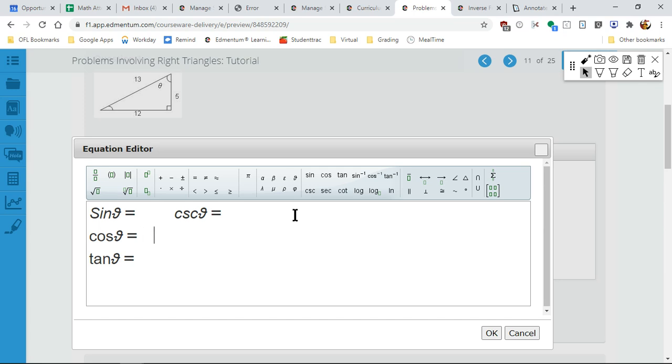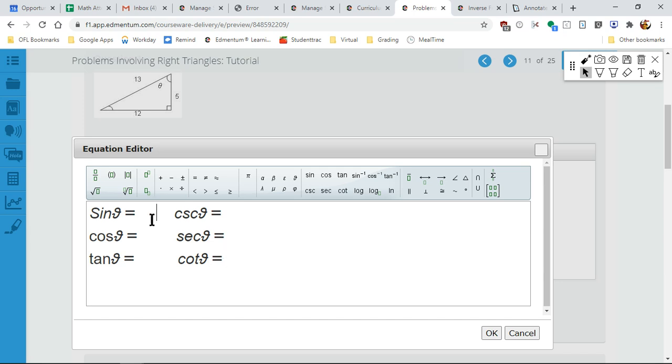Probably a really bad way to remember it, but it helps me. So the reciprocal of cosine is secant because it doesn't have the co. The reciprocal of tangent is cotangent. Where's my, there it is.